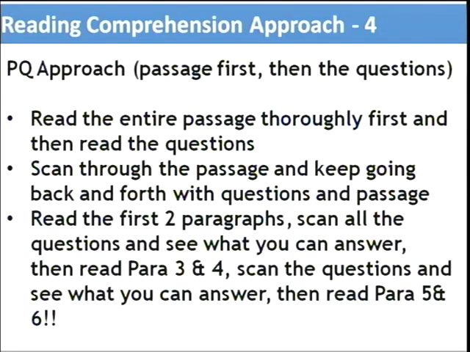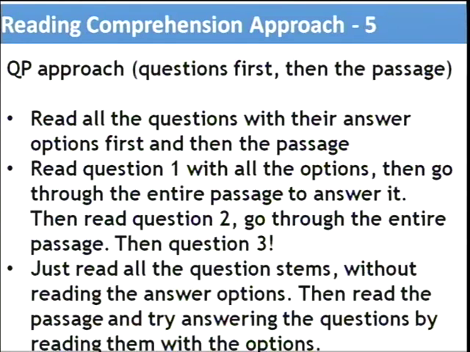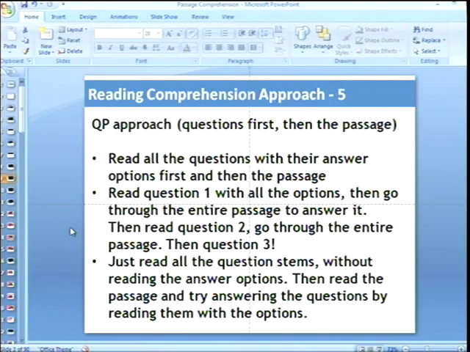Basically, you see the paragraph, then go to the first question, and see if you're able to answer. If you're not able to answer, go to question number 2. That is one approach. The QP approach basically means you read the questions first, you also read the options, and then you look for which option matches one of the lines in the paragraph. That is the best way of doing it.